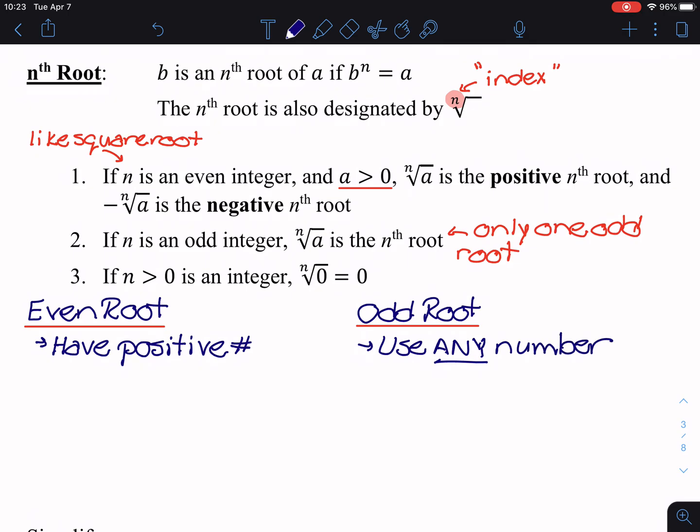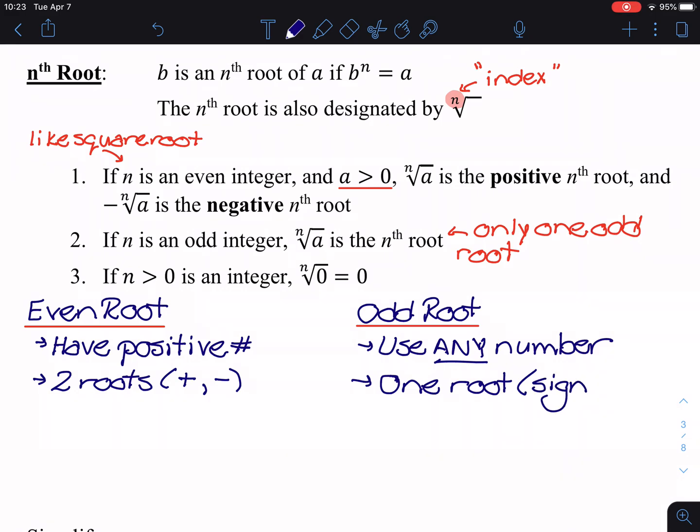When you take an even root of a positive number, you have two roots possible, one positive, one negative. When you take an odd root of any number, you only have one root, and its sign matches the sign of your original number.